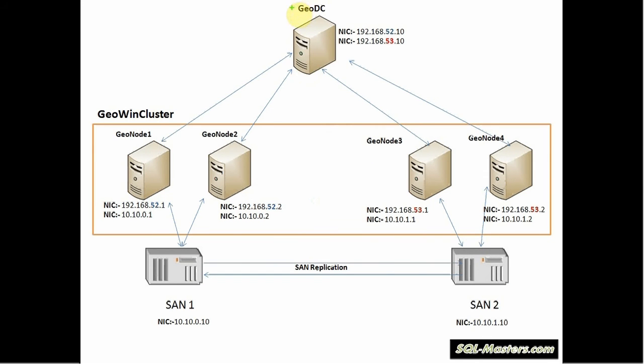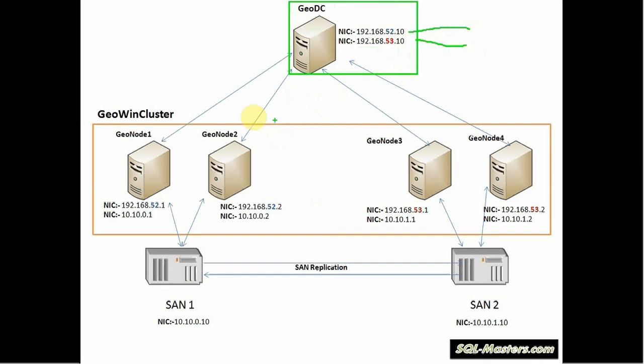As you can see, we have one domain controller named GODC, which has two subnets of 192.168.52.10 and 192.168.53.10, and we have four nodes over here.